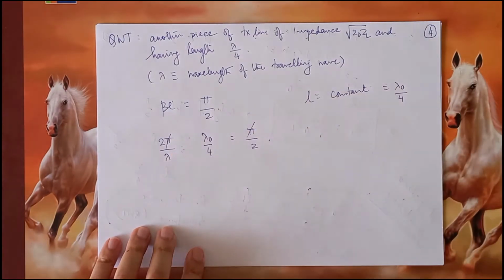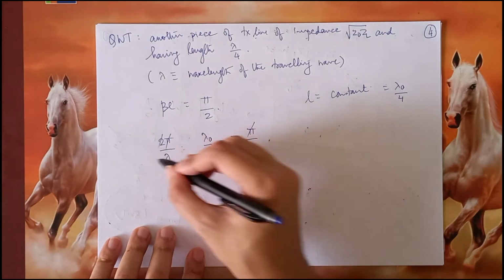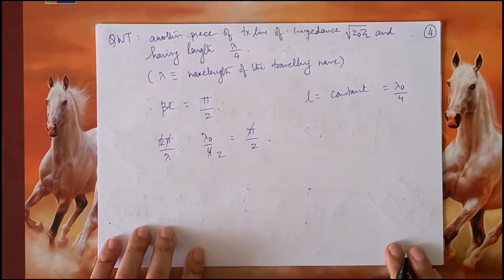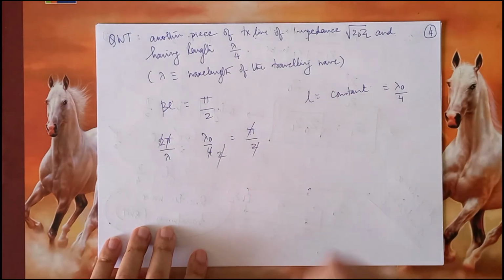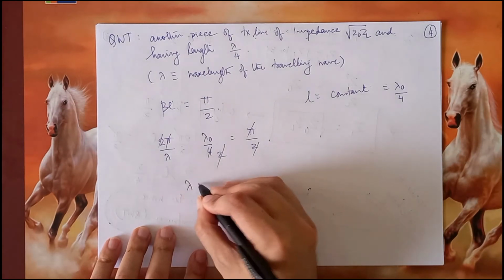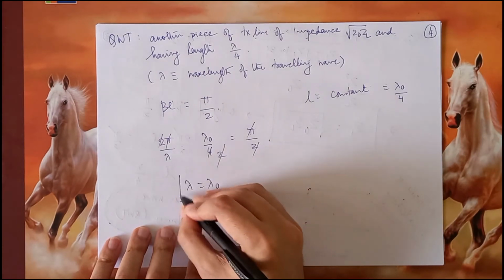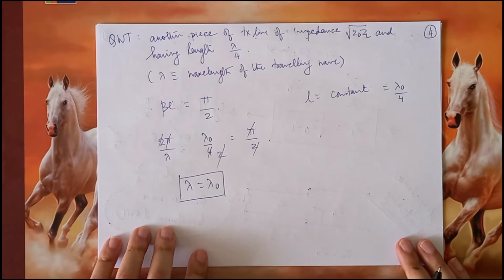These two will get cancelled, and these two will get cancelled. So therefore, lambda should be equal to lambda 0.